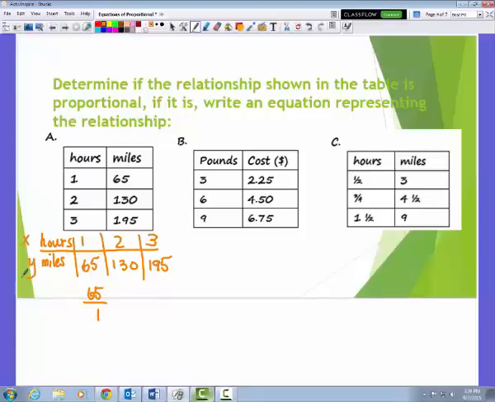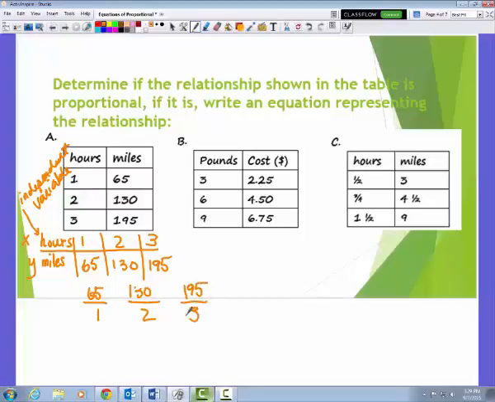And like I said, the time is almost always the independent variable. So the x values go with the time, and it's y over x. The independent variable goes on the bottom. So there's one of our fractions, and then we have 130 divided by 2, and then 195 divided by 3.